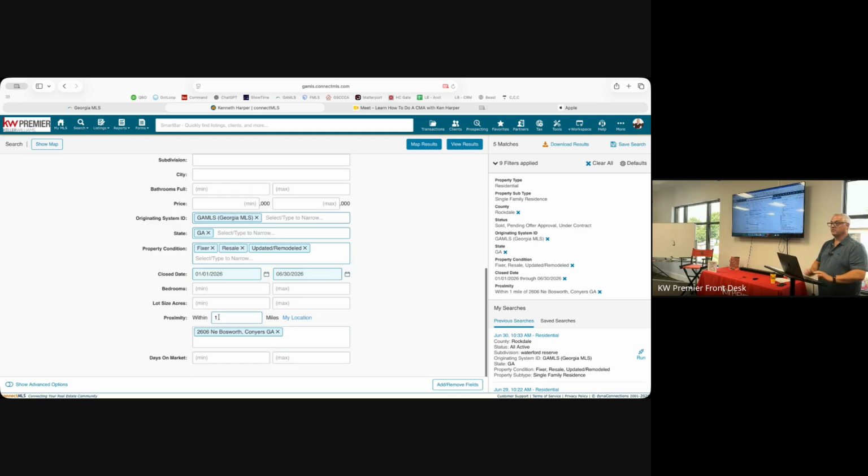Where is Bosworth Court? What's the name of the neighborhood over there? I sold a million homes in there. It starts with a W? Crestview? Across the street from Crestview. Starts with M, maybe?